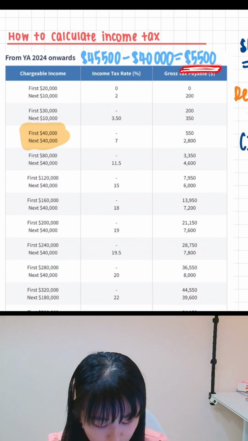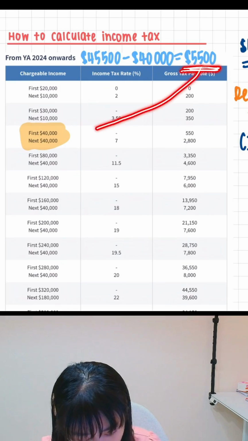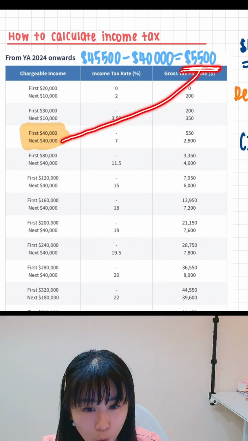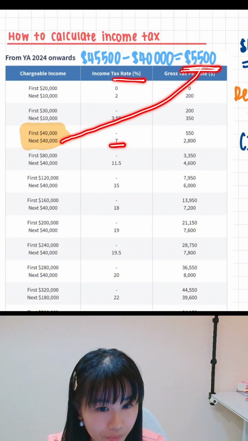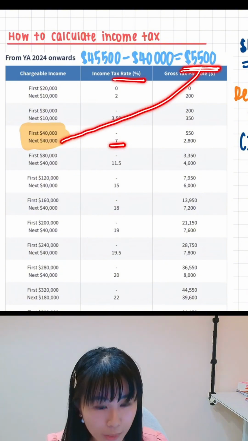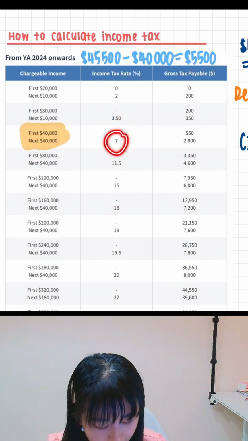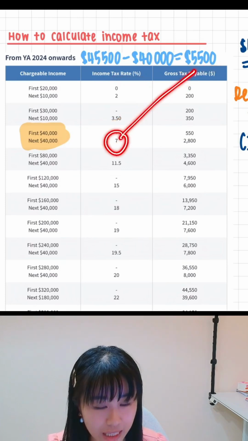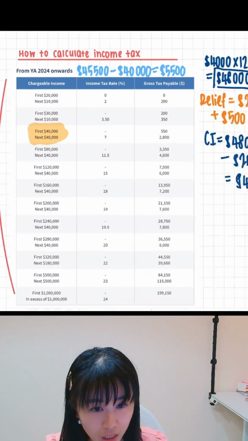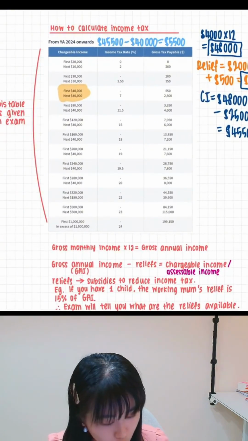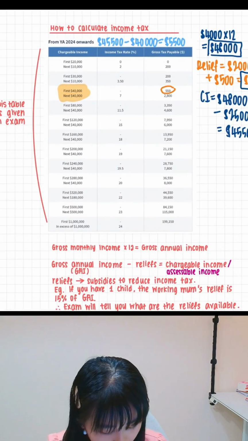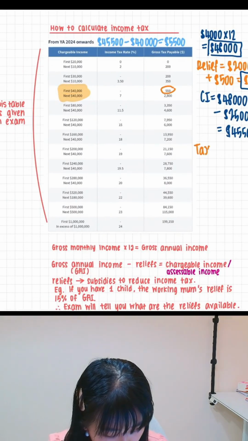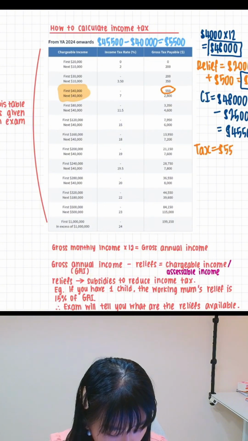So the 5,500 now belongs to the next 40,000, which is charged a 7% income tax rate. So you need to take 7% of this 5,500. That is the extra tax you need to pay. Let me zoom out. Your first 40,000 has a tax of $550 already.